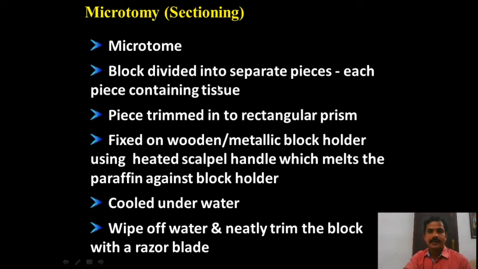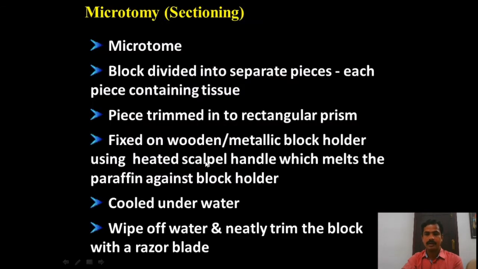The block is divided into separate pieces, each piece containing a tissue. So inside a single wax block there will be many specimens, and they are cut into different pieces, and the piece is trimmed into a rectangular prism, and this trimmed piece is fixed on a wooden or metallic block holder.